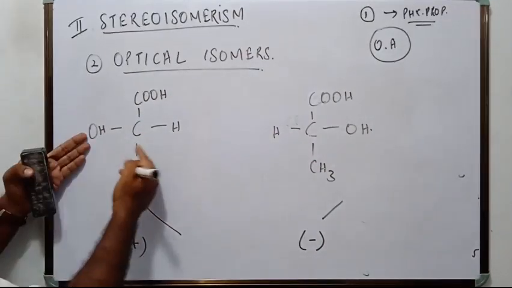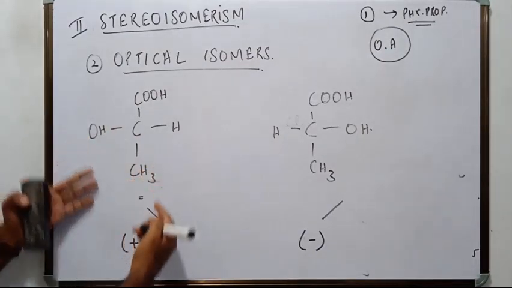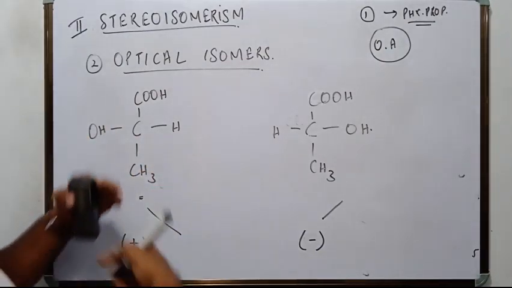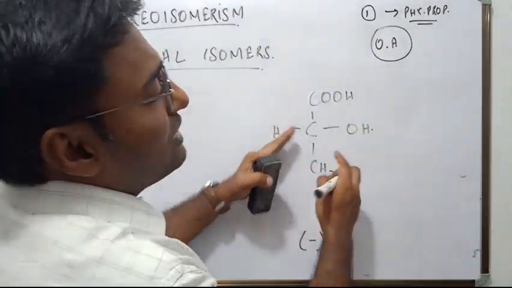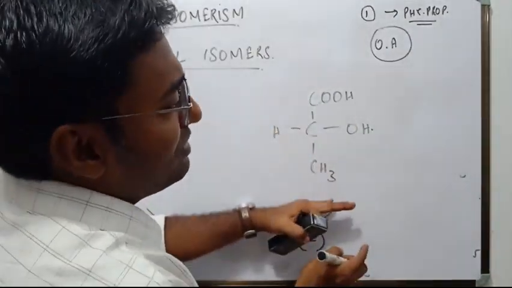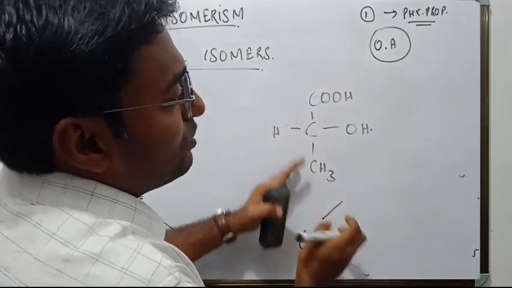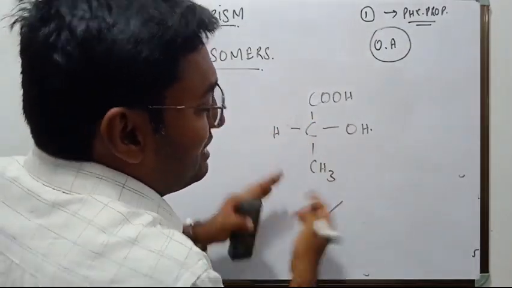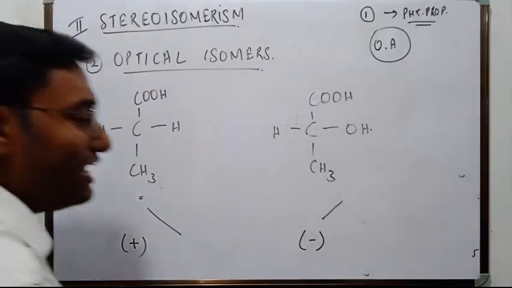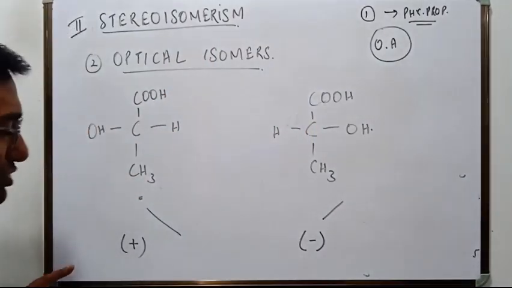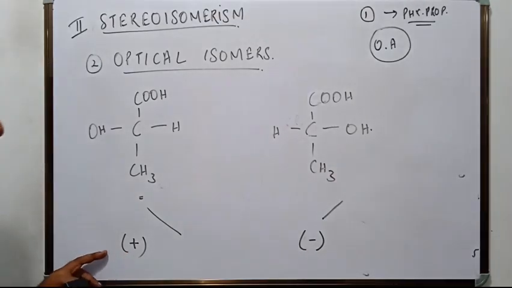In that case, that isomer is referred to as the dextro isomer or the plus isomer. And the other isomer rotates the plane polarized light towards the left, and is referred to as the levo isomer or the minus isomer. Now the words D and L, or dextro and levo, are not used. Plus and minus is generally used.